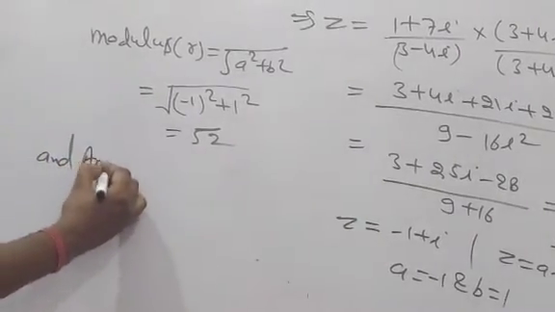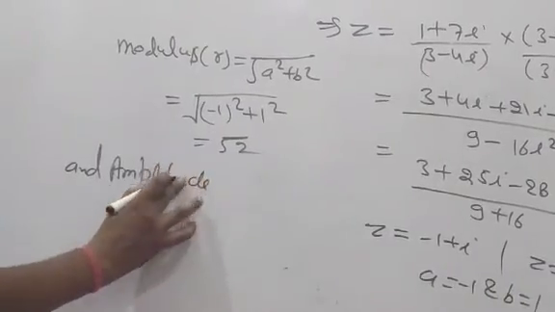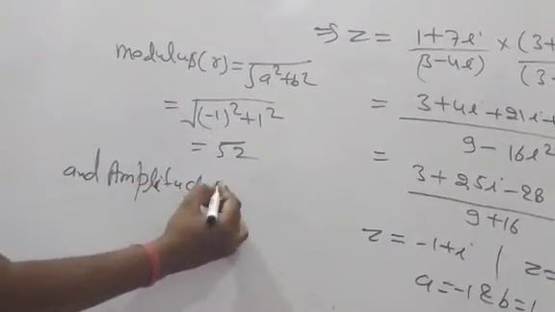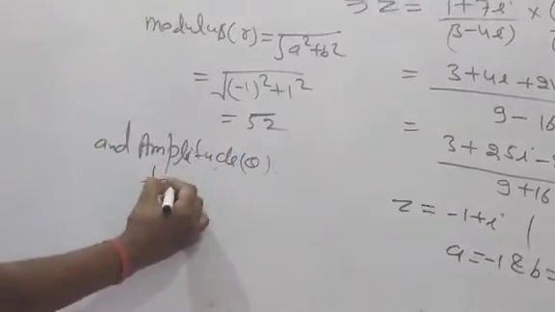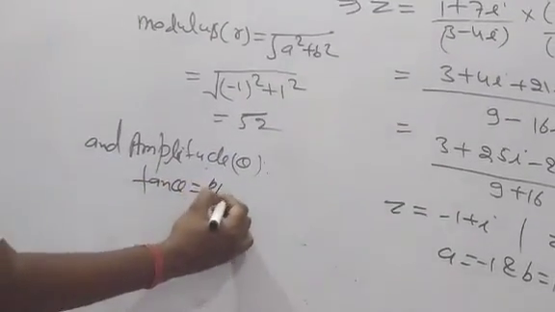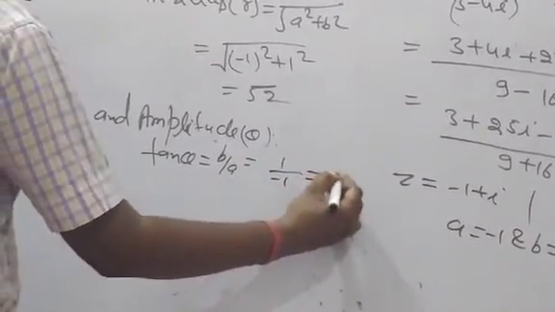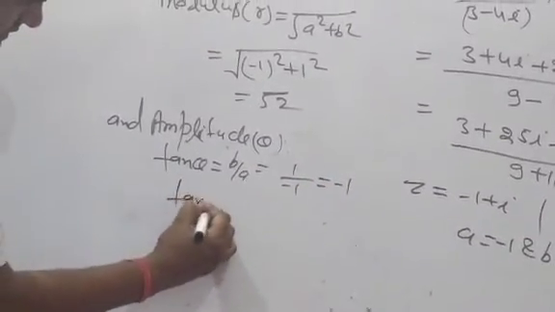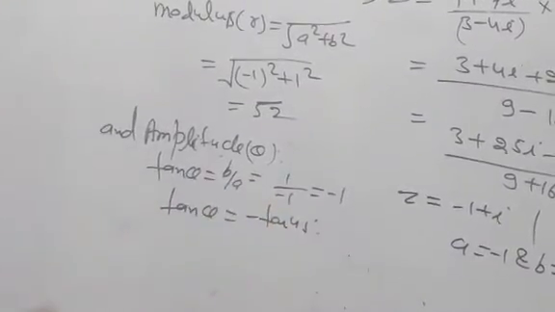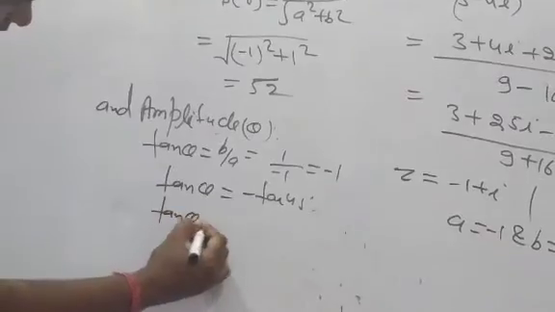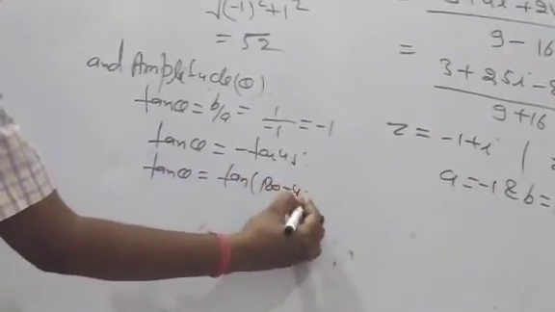And amplitude means theta, and tan theta is equal to b by a. b by a means 1 by minus 1, that is minus 1. Tan theta is equal to minus tan 45 degrees. So tan theta is equal to tan of 180 minus 45 degrees.